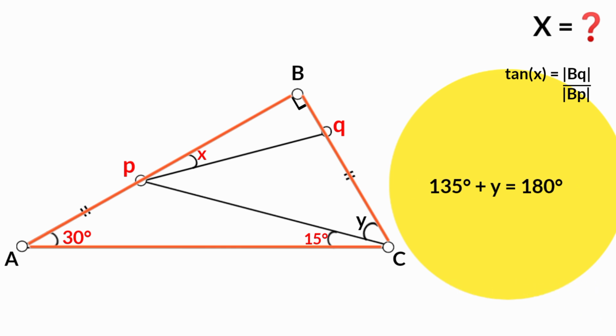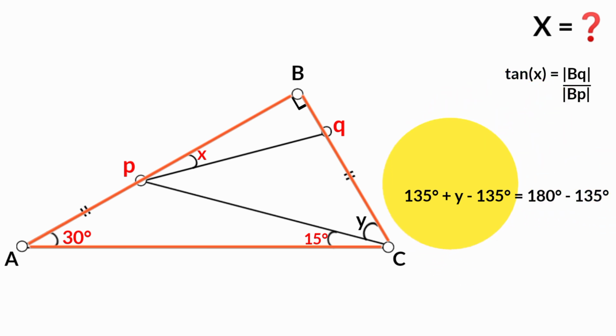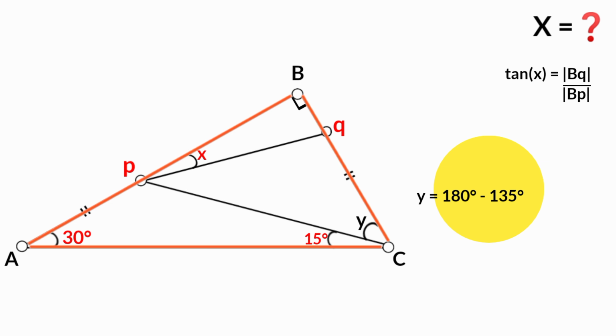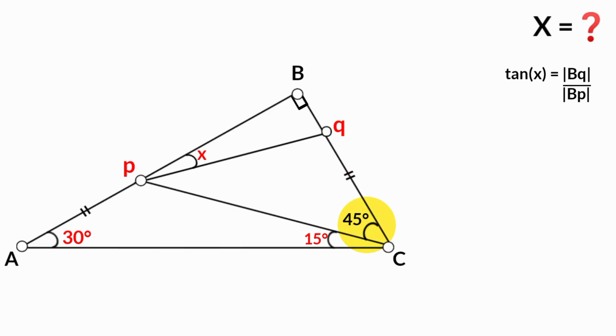So 135 degrees plus y equal to 180 degrees. If we subtract 135 degrees from both sides, here 135 degrees minus 135 degrees is 0. And here 180 degrees minus 135 degrees is 45 degrees. So y equal to 45 degrees. That is, this angle y is 45 degrees.